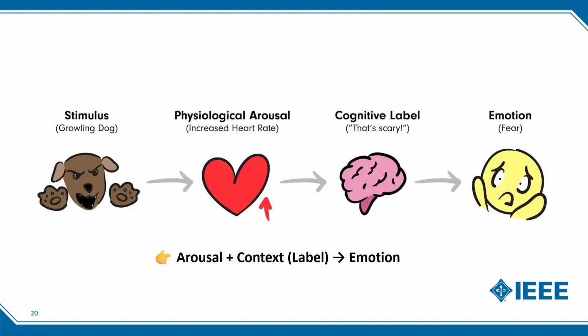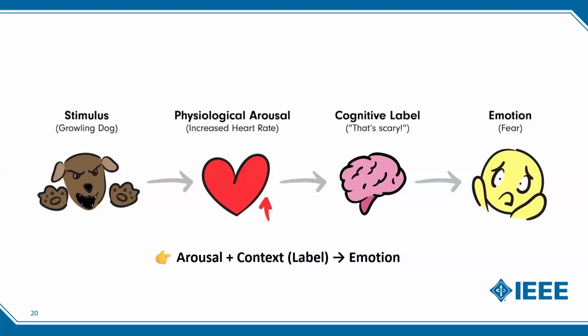For example, the same stimulus, a dog barking. At that time there is physiological arousal, and our heart beats fast.